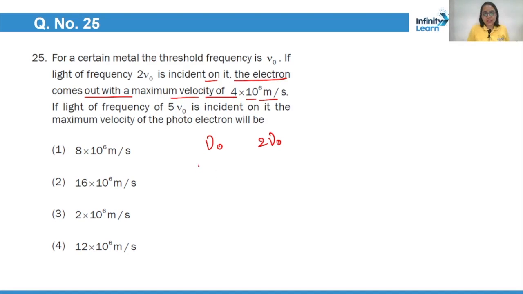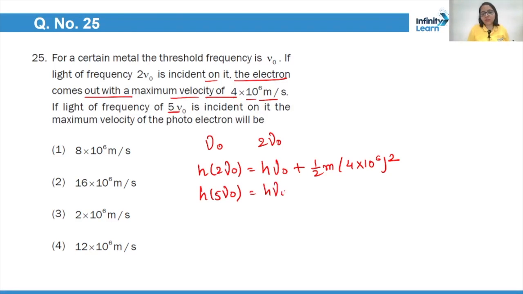So in the first case, h into 2 mu naught is equal to h mu naught plus half m into (4 into 10 power 6 meter per second) whole square, half mv square. For the second case, when the light frequency is 5 mu naught, so it is h into 5 mu naught is equal to h mu naught plus half mv square.